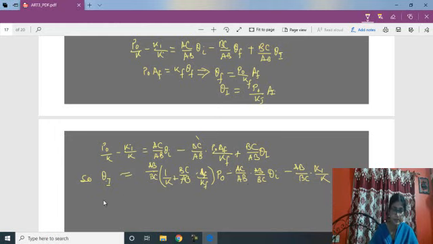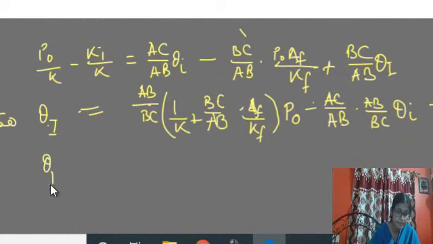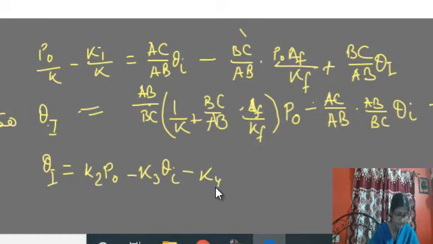Simplifying this, we can write theta I is equal to K2 P0 minus K3 theta I minus another constant K4.